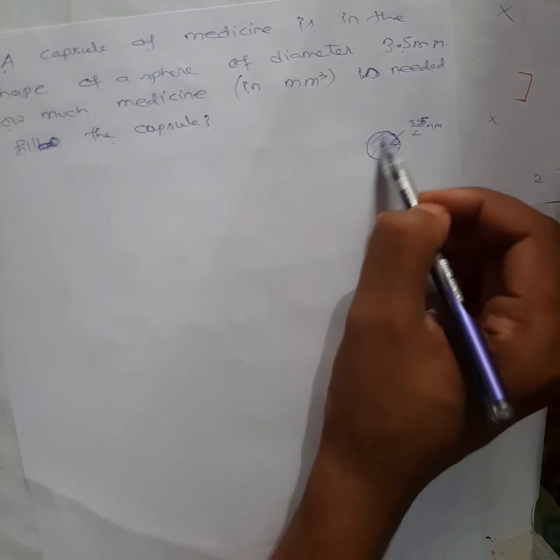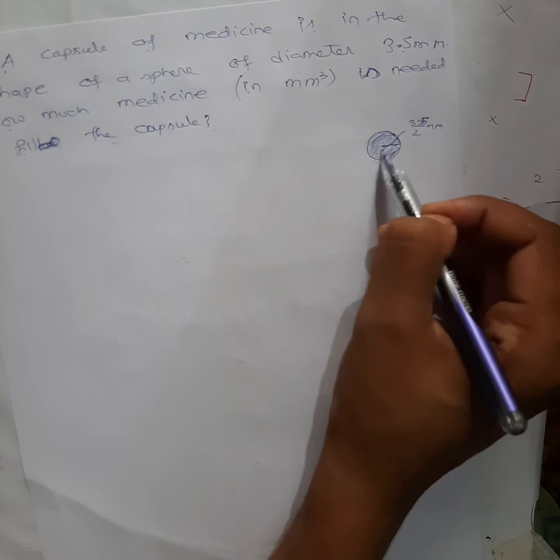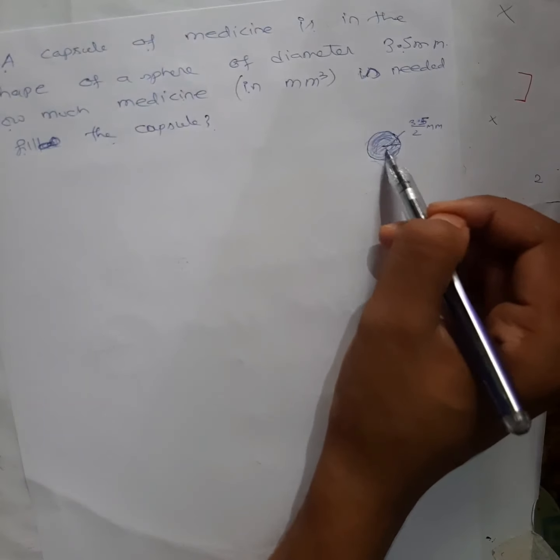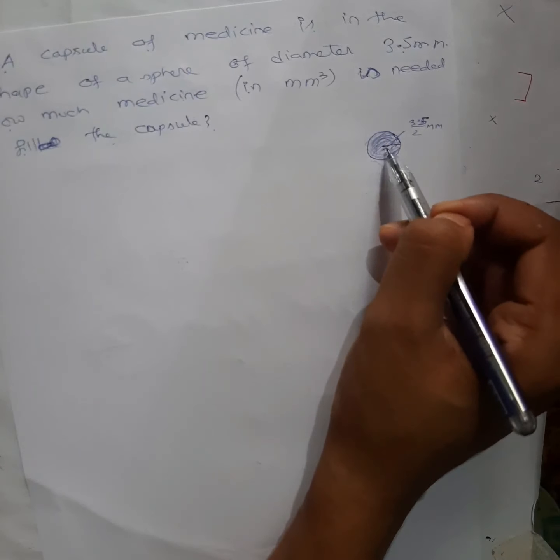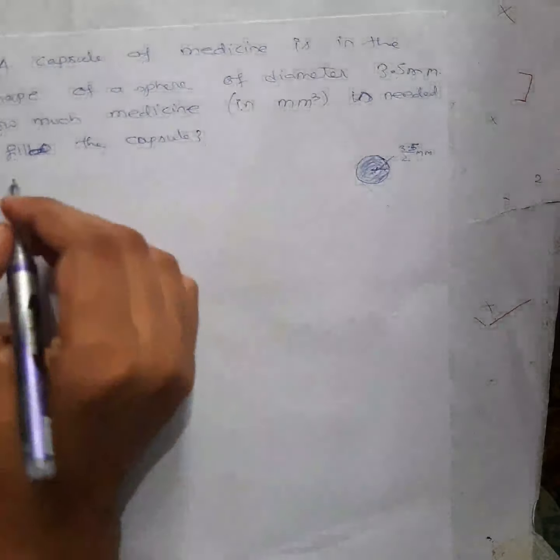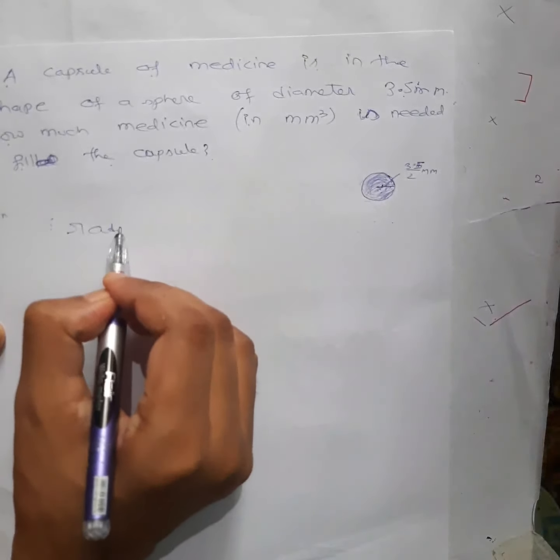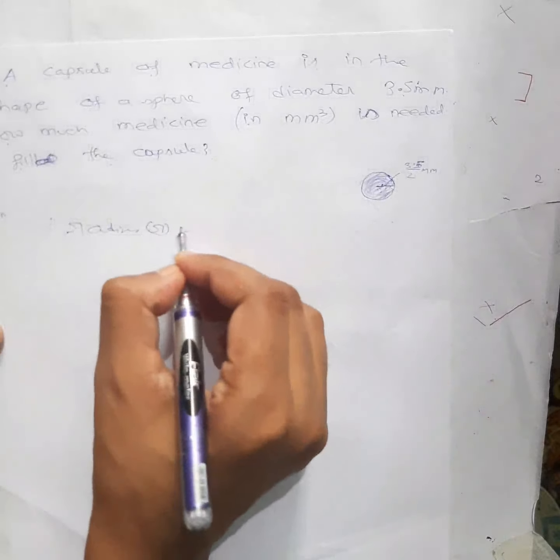So basically what you have to find out, how much medicine means what? If you can find the volume, that will be your amount of medicine you can insert in this capsule, right? So you have to find the volume here. Radius is given, right? Radius is 3.5 by 2.